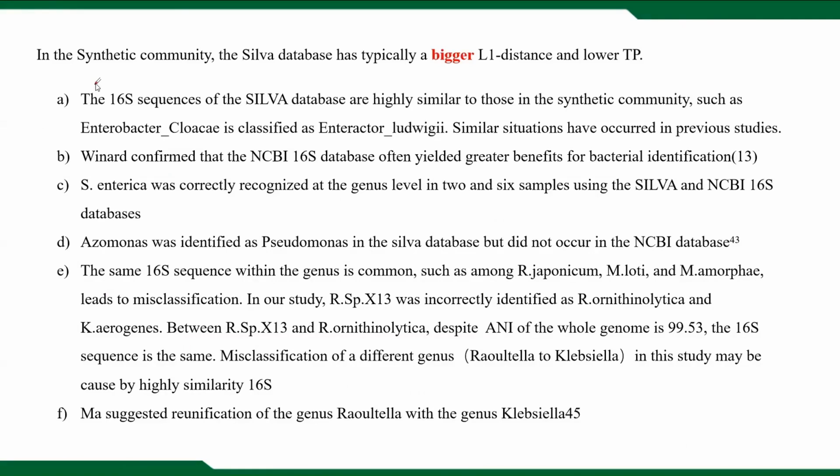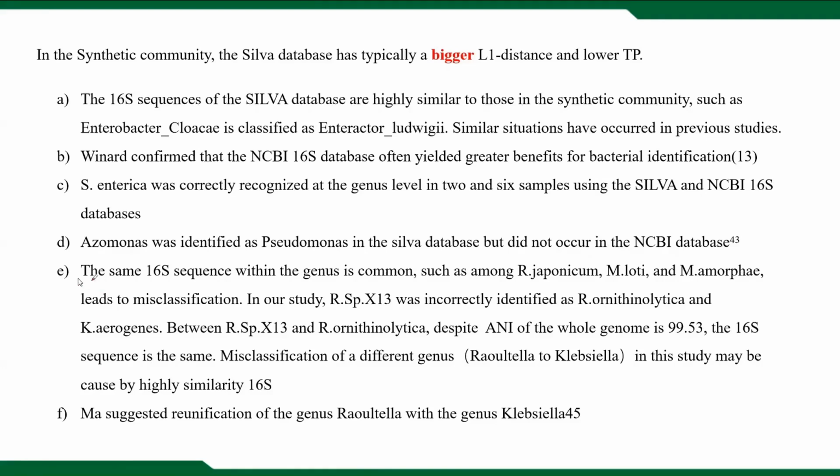We have analyzed the specific possible reasons, which are mainly divided into three categories. Firstly, similar 16S rRNA sequences lead to misclassification, such as the 16S sequences in the Silva database being highly similar to those of the synthetic bacterial communities. In the Silva database, Azomonas was identified as Pseudomonas, but it didn't appear in the NCBI database.